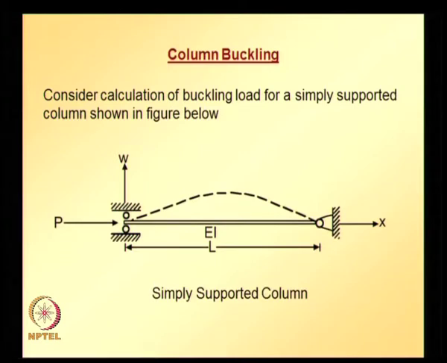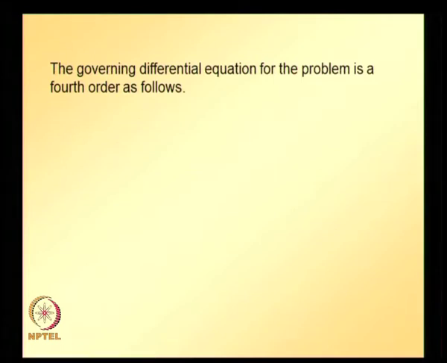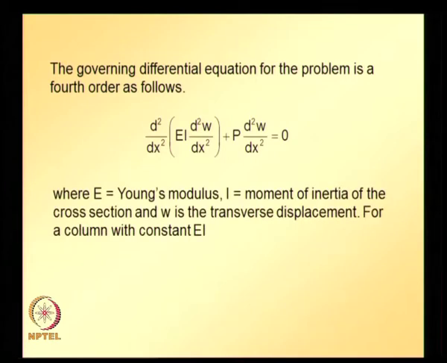So, now let us look at the governing differential equation for this problem, which is a fourth order differential equation, where E is the Young's modulus, I is the moment of inertia of the cross section, W is the transverse displacement, and if the column has constant EI, then we can take EI out of the differentiation operator and this equation becomes this one.